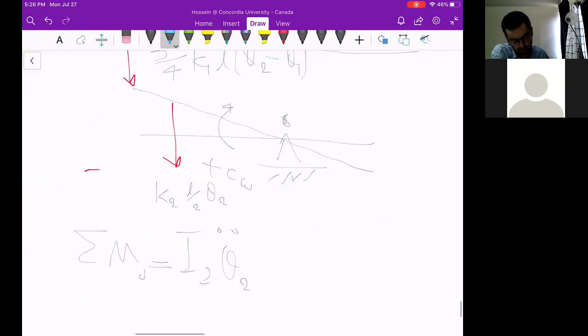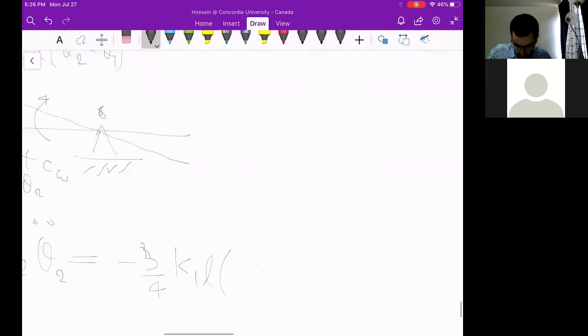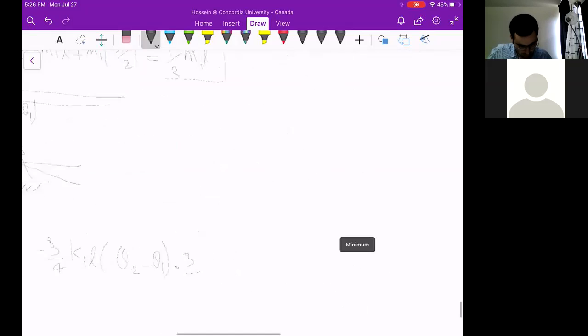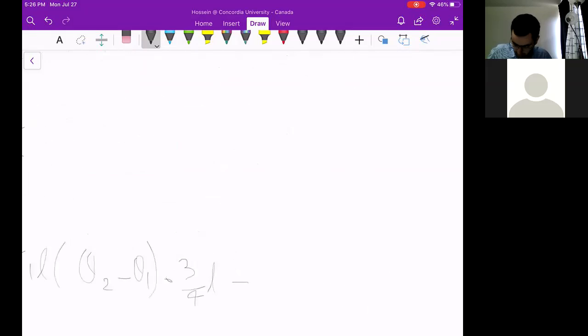These two forces, however, will create counterclockwise moments. Therefore, we are facing two negative terms: negative 3 over 4 K1 L multiplied by (theta 2 minus theta 1) multiplied by 3 over 4 L, minus K2 L over 2 theta 2 multiplied by L over 2.